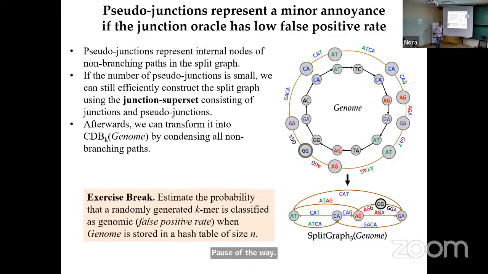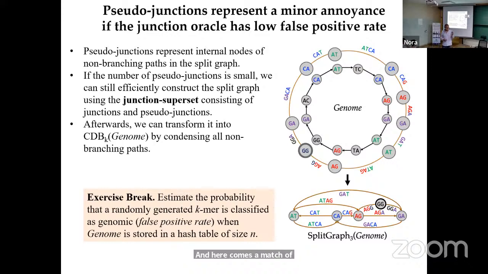Now, the exercise break that you won't be able to do here because it will take a little time. Estimate the probability that a randomly generated k-mer is classified as genomic, a false positive, when the genome is stored in a hash table. And here comes a major problem with hash tables.